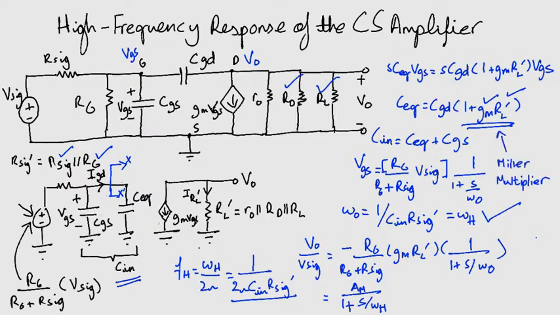It is because of the Miller effect that the value of Cin was so high, because as you know, CGS and CGD are quite small capacitances. And because of a high Cin, we have a low FH. So it is better to have situations in which the Miller effect is absent or reduced significantly.